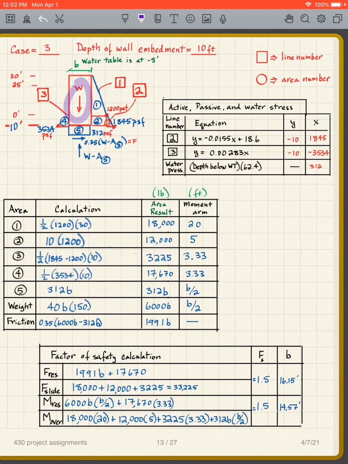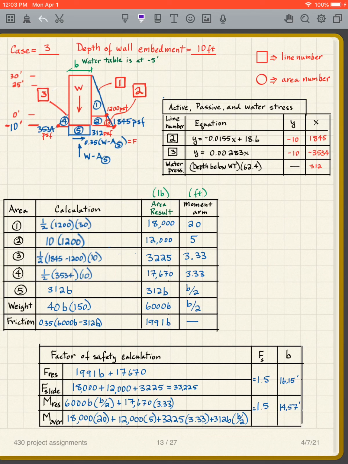For the weight of the wall, we're going to use that concrete is 150 pounds per cubic foot. So gamma concrete equals 150 pounds per cubic foot. What I need to do is get the volume of this concrete here.